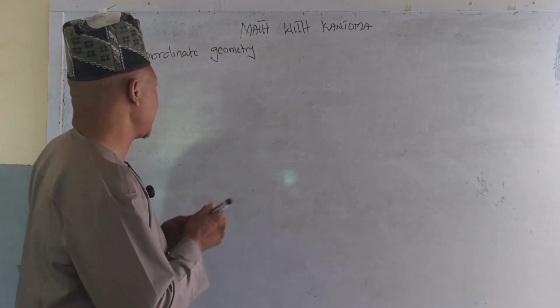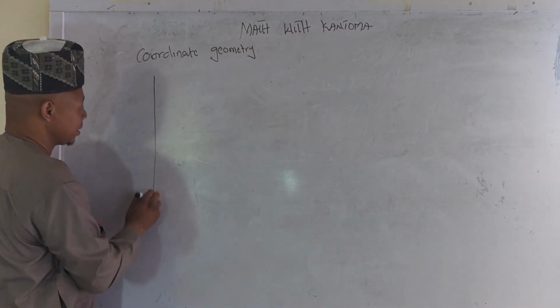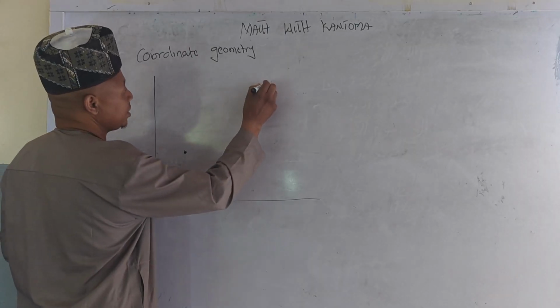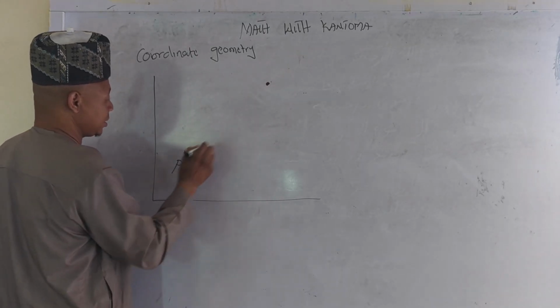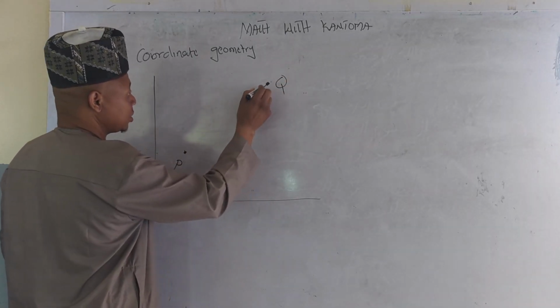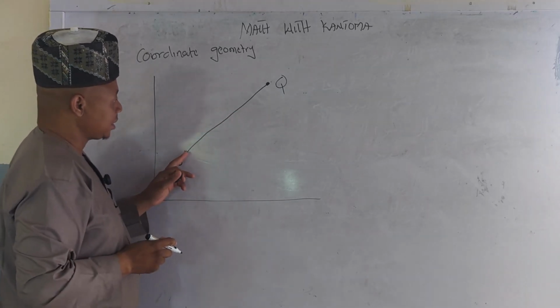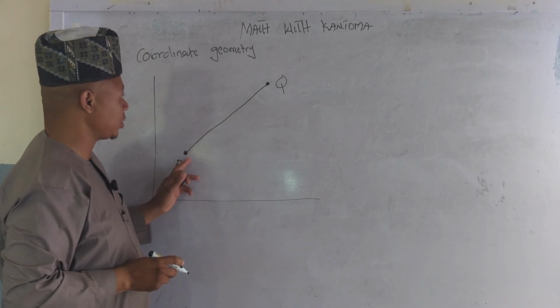So suppose, last class we discussed these two distances. Let's say this is point P and this is Q. We discussed how to calculate the distance between these 2 points.